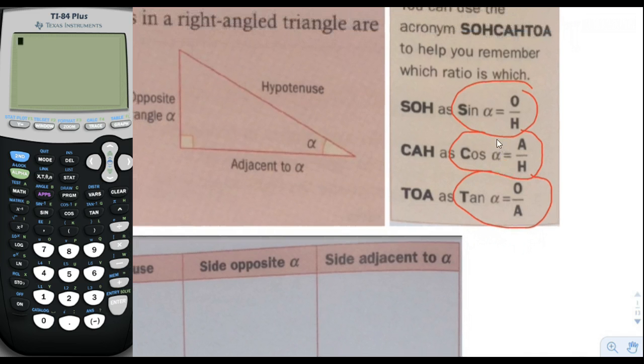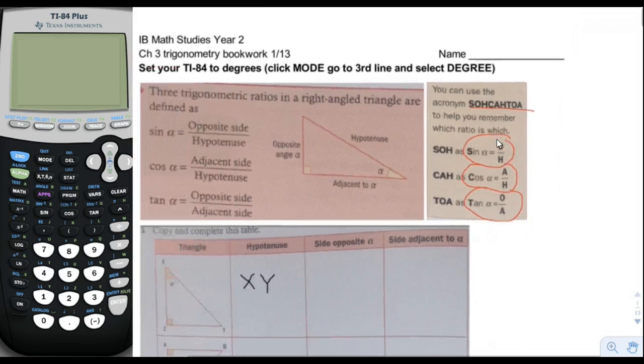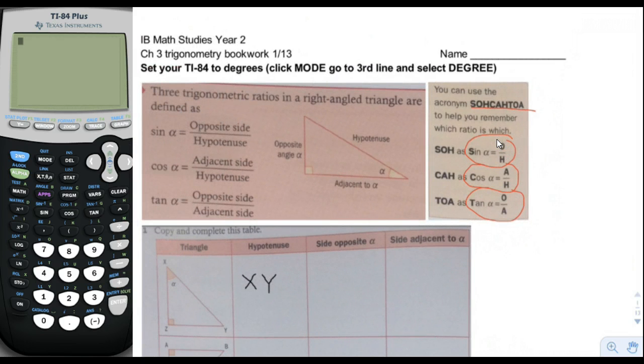Remember that the way you identify the adjacent and the opposite is they are the sides next to the right angle. The hypotenuse is the diagonal line that is not next to the right angle. It's opposite to the right angle.